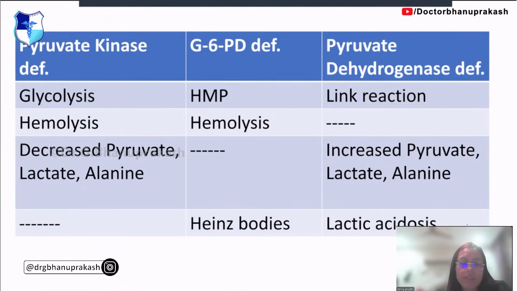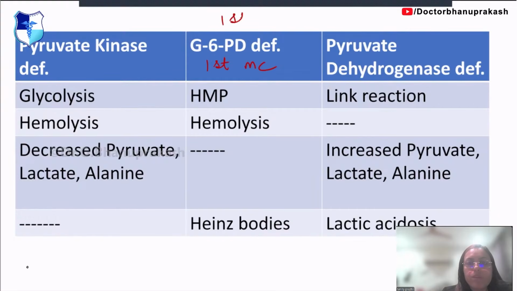Coming to this next slide, again, a very, very important slide. It will help you clear your confusion for questions on the enzyme deficiencies because all these are very common enzyme deficiencies. G6PD is the first most common, and right here, first most common human enzyme deficiency.